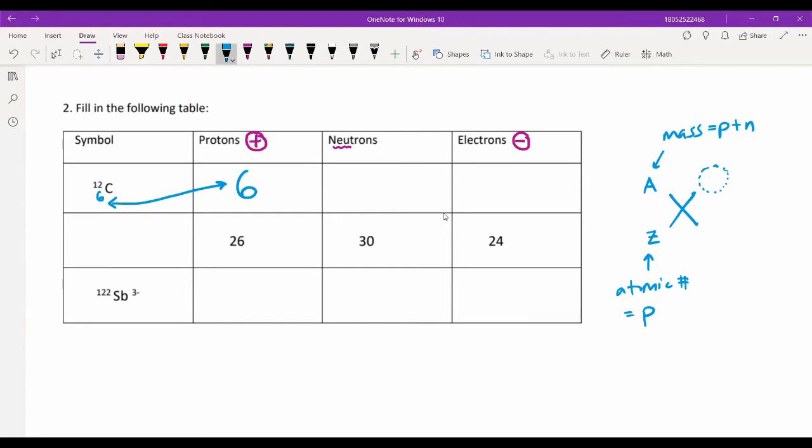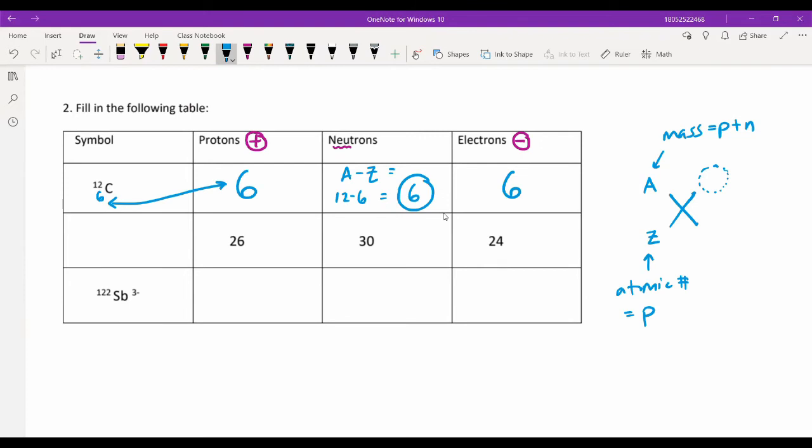Neutrons, an easy way is just to subtract A minus Z, or the mass minus the atomic number. So this is going to give us 6 neutrons in this case. And then how many electrons would this have? Well, if there's 6 protons, there's no charge, there must be 6 electrons. So neutral, again, means protons, electrons are the same.